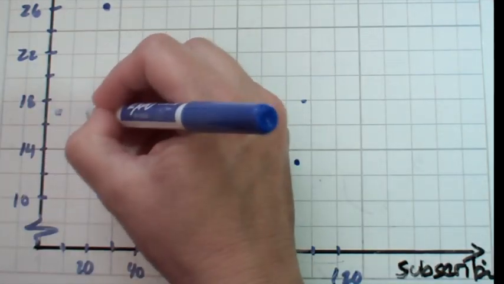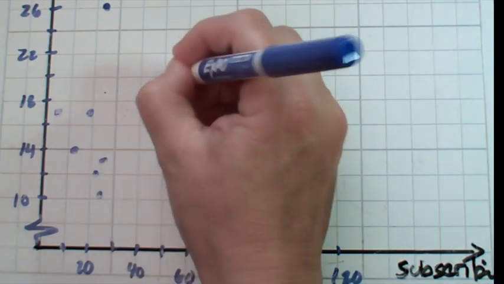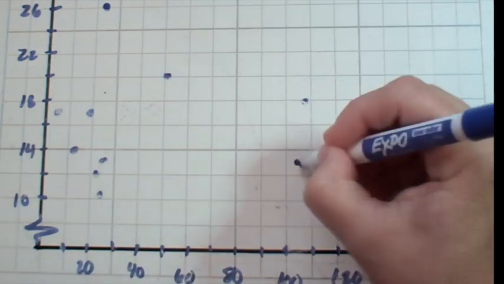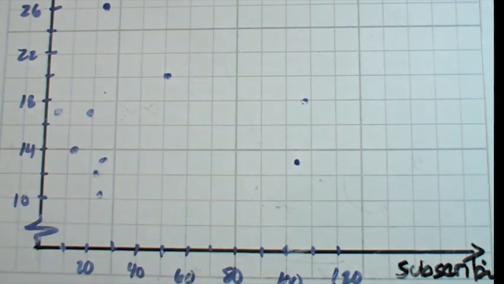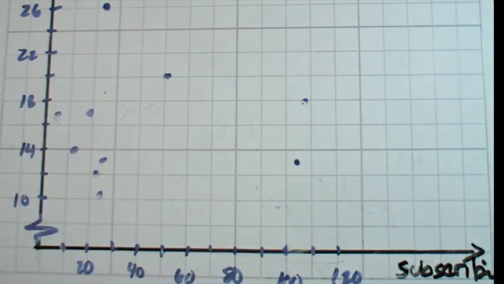All right, take a look at this scatter plot. Can you figure out the form? The strength, and the direction.